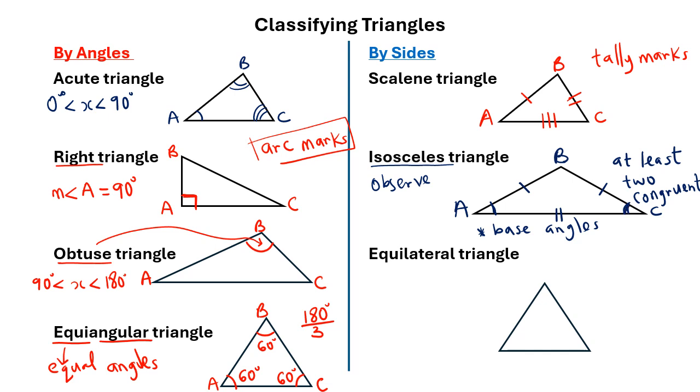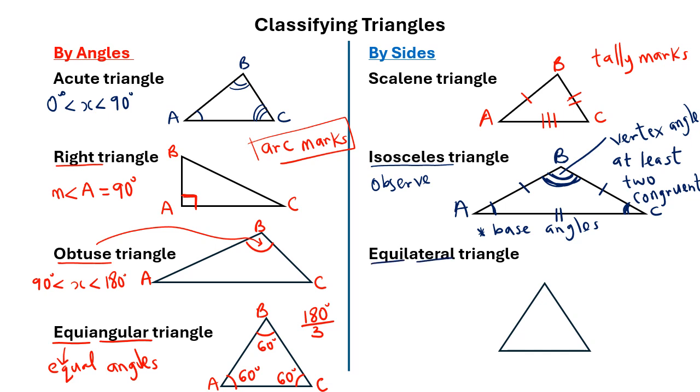And this is what you call the vertex angle. I'm going to mark it differently because I know now it is different. I'm going to put two arc marks to differentiate that. So this one here is called the vertex angle.